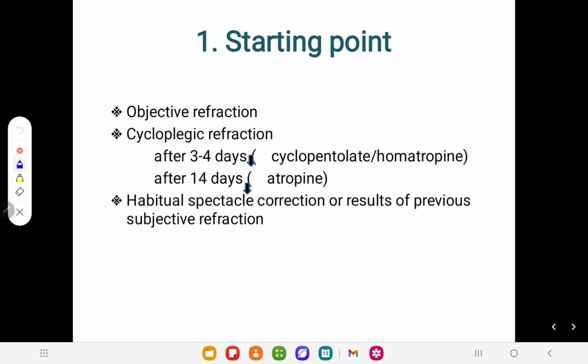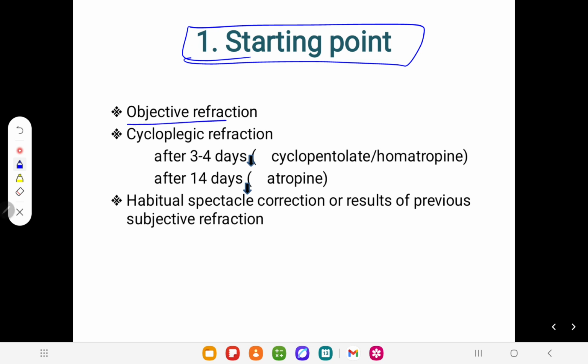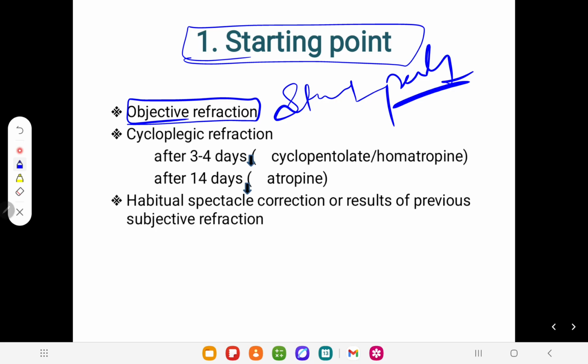Okay. So let's talk about the starting point. Where do we start our subjective refraction? The very first point you must understand is that objective refraction is always the starting point of subjective refraction. See, what's the significance of objective refraction? Yes, we have to admit that there are other significances too. But the main significance of objective refraction is to start subjective refraction, isn't it?